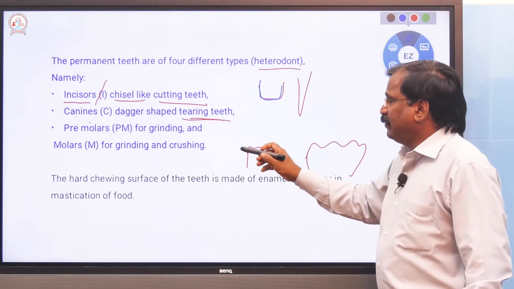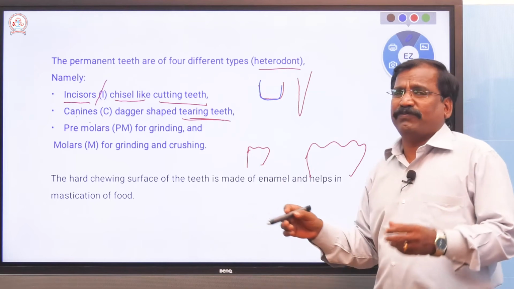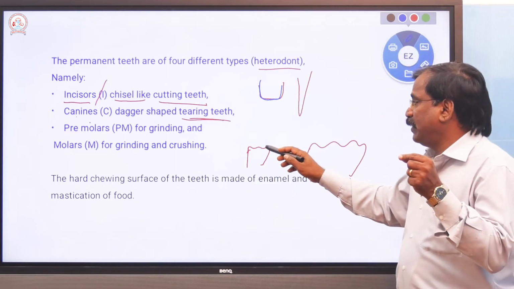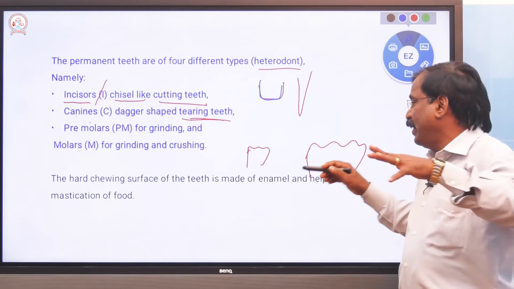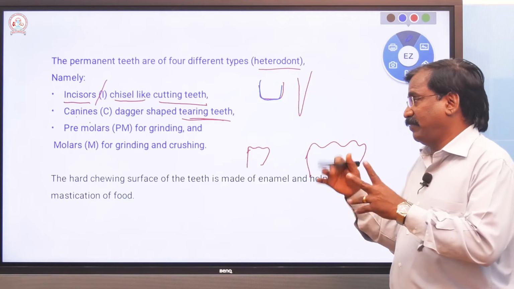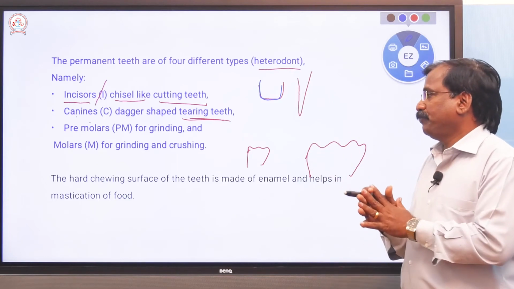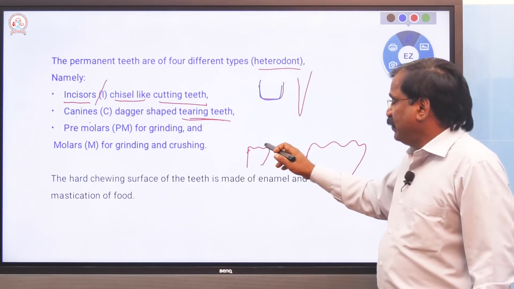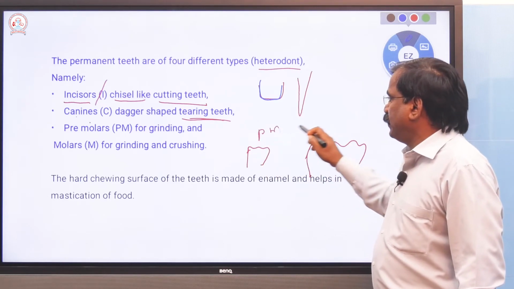What is the difference? The premolar is narrow and small, with fewer ridges and furrows. Here there are more in number, irregular ups and downs. So this is the premolar and this is the molar.